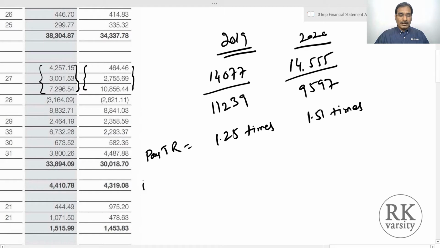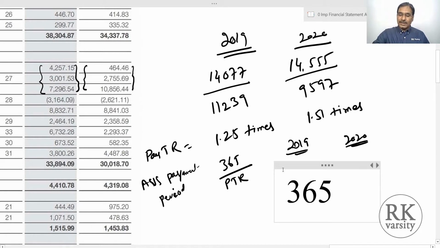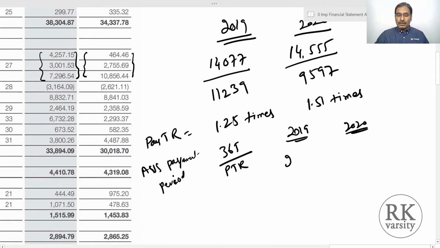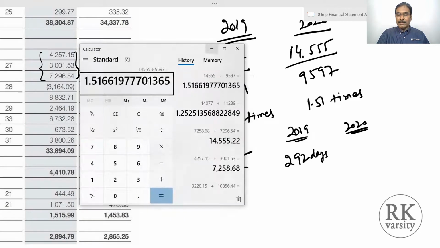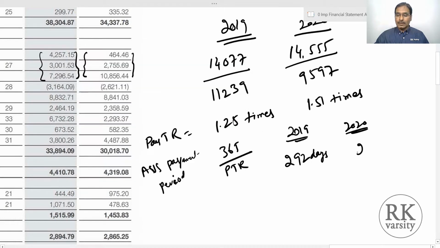We'll see the average payment period. So this is 365 upon payables turnover ratio, for 2019 and for 2020. So here 365 upon 1.25, 292 days, and here slightly less, that is 365 upon 1.51, 241 days.